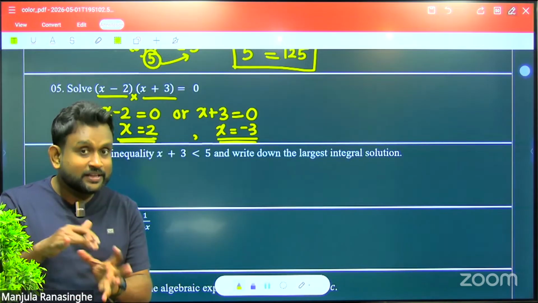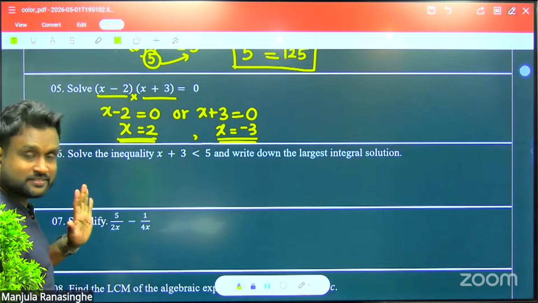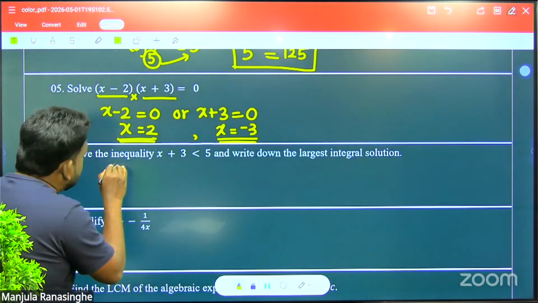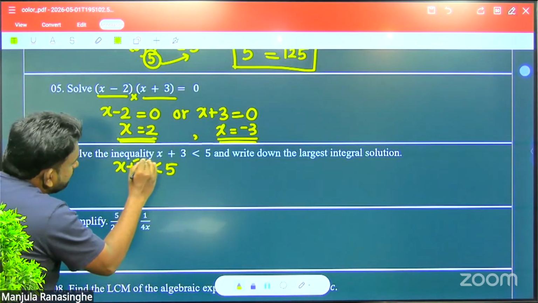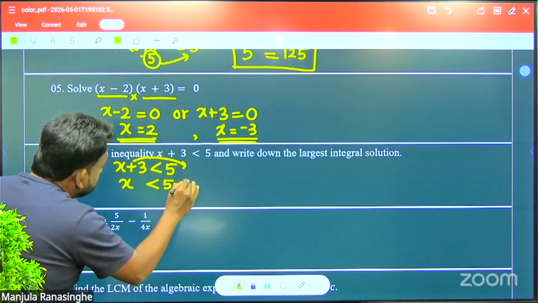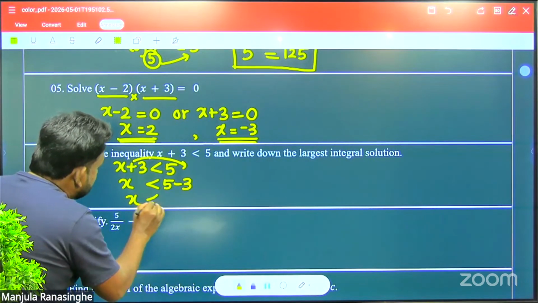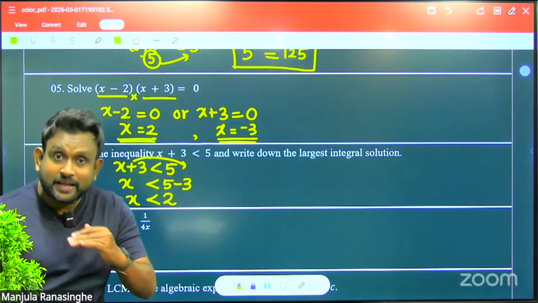Remember that one. That is the difference between equations and inequalities. So here, just simply subject x: x plus 3 less than 5. Bring this plus 3 to the other side, sign changes: x less than 5 minus 3, which is 2. Now your value is x less than 2.